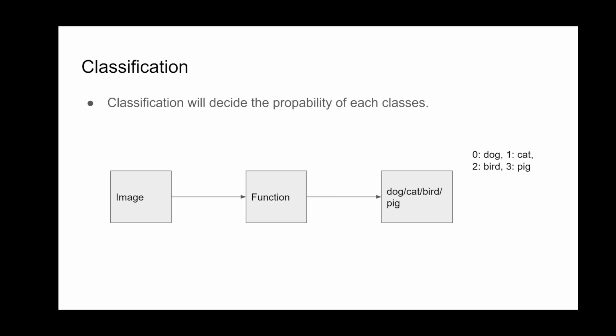But the problem of this approach is that there is some assumption between those categories, because 0 is close to 1 and far away from 3. So it means that the dog is more similar to the cat than to the pig.